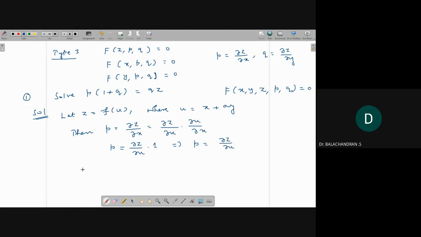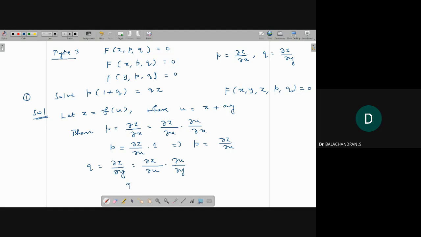Similarly, next q equal to dou z by dou y. Again, z is a function of u. Differentiate z with respect to u, and then u with respect to y.